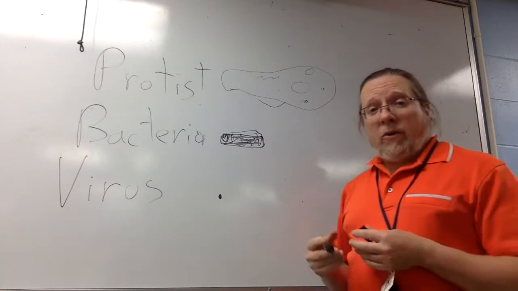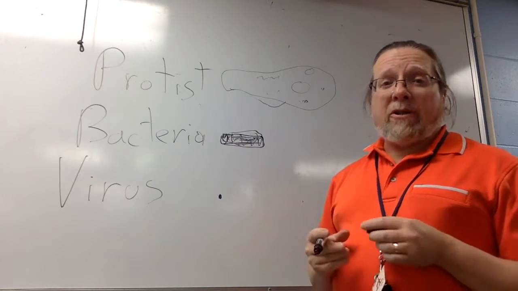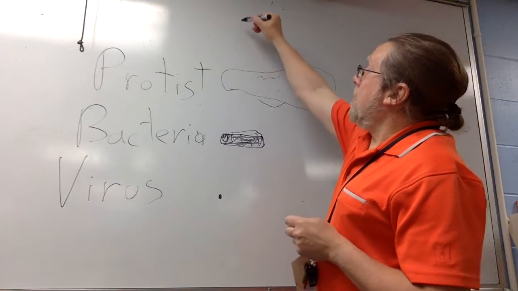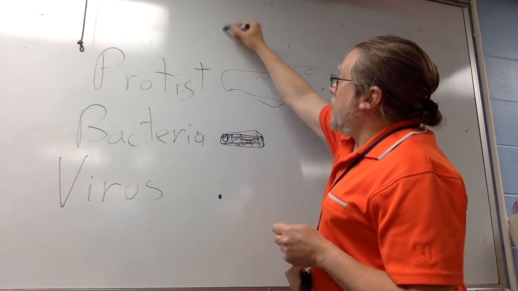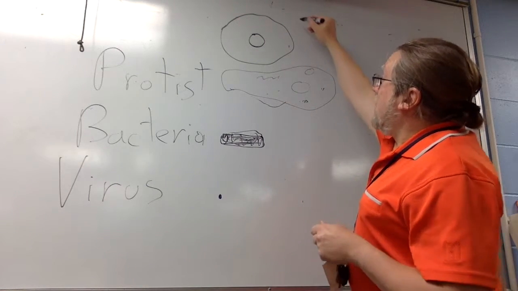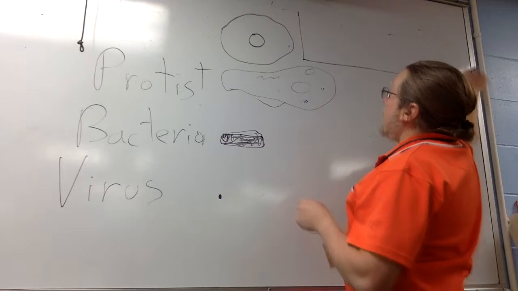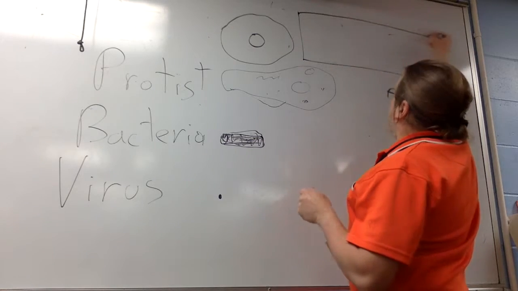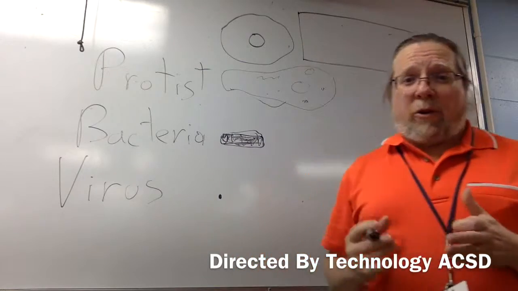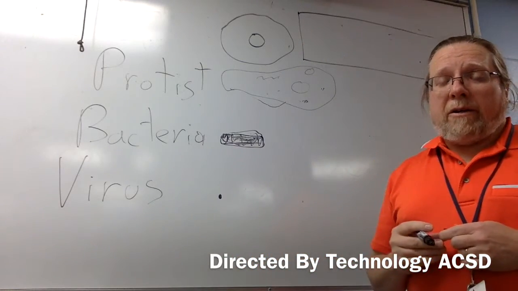Then we get into eukaryotic cells that are parts of multicelled organisms, and so things like red blood cells or onion root cells. And these things can be considerably larger than the aforementioned.